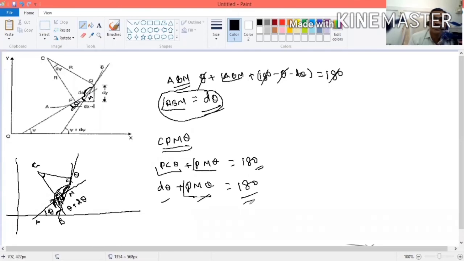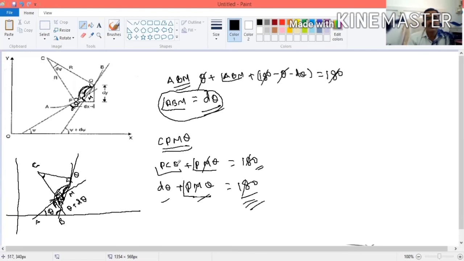So d theta plus PMQ is 180 degrees. Similarly, this angle plus this angle is 180 degrees because this is 90 degrees and this is 90 degrees. So here we have PMQ, here we have PMQ, 180, 180.